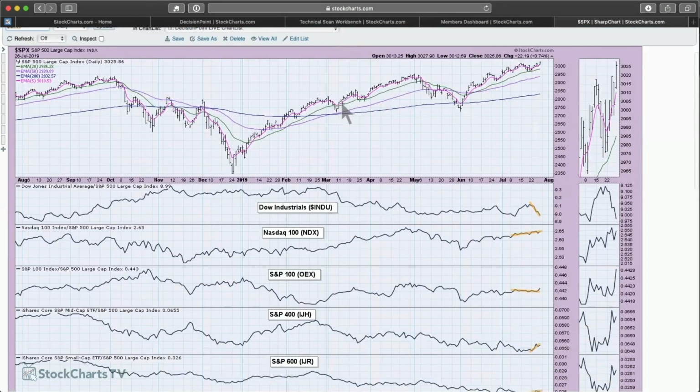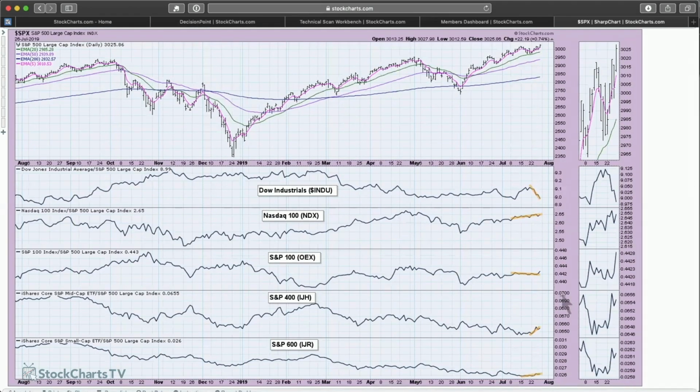Let me interject something here. Today, I don't know how it closed, but Alphabet, Google, was up like 10%. There was quite a disparity between the industrials and the S&P 500. And that was caused by the fact that Alphabet is in the S&P 500, the cap weighted average.